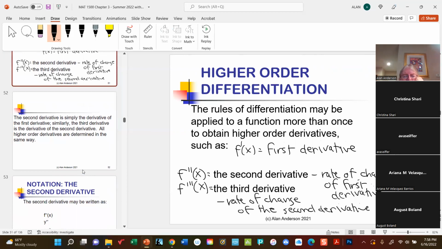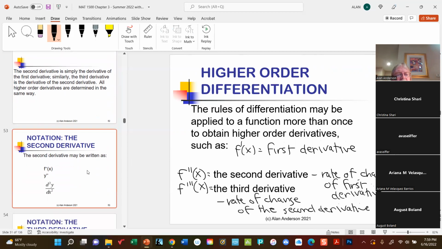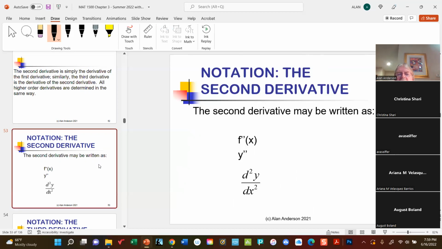Okay, now, as you can probably imagine, notation-wise, since there's more than one way of expressing the first derivative, there must also be different ways of expressing the second derivative and the third. What might they look like? Well, let's check this out. To remember the first derivative, the three options we had were f prime of x, y prime, dy dx.